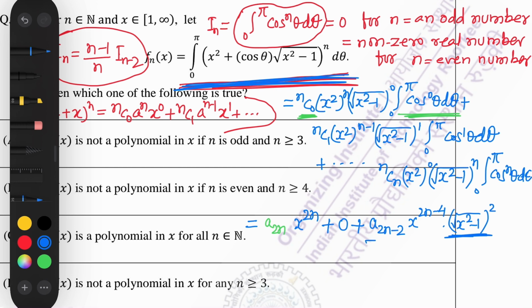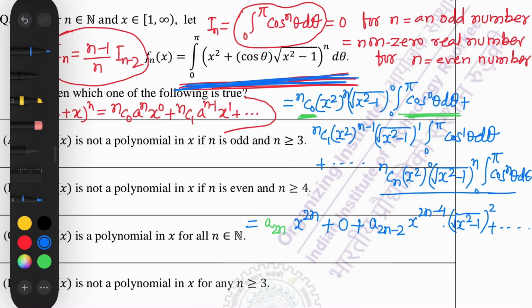So this whole thing is a polynomial, and here you see the addition, this whole thing will be a polynomial. So we have to now check the last term only, and the next term will be 0, and thereafter you will again have a polynomial. So it remains to check the last term.